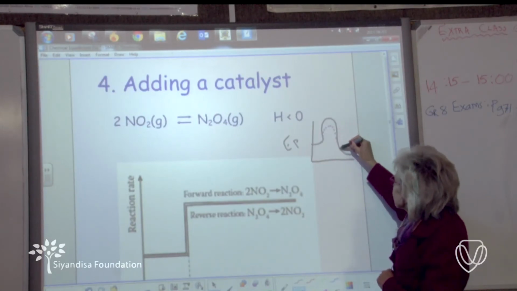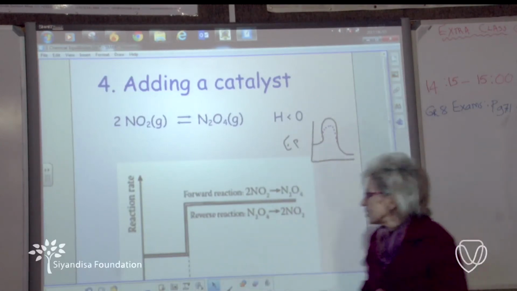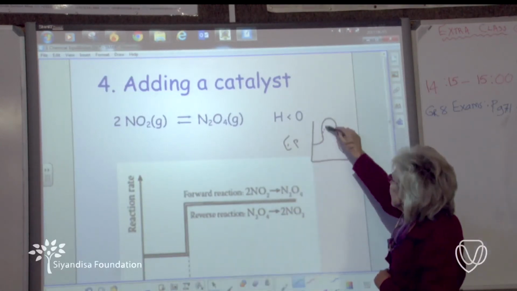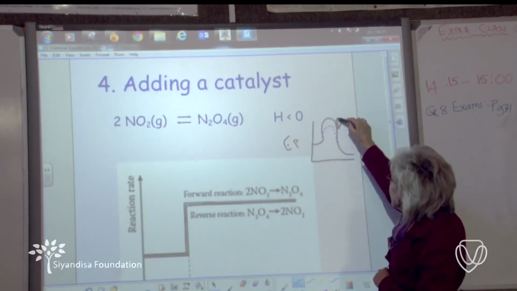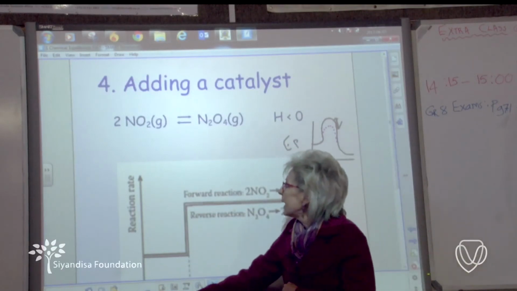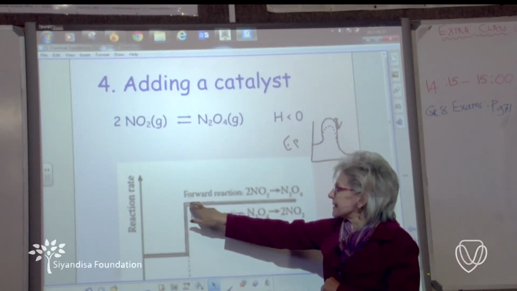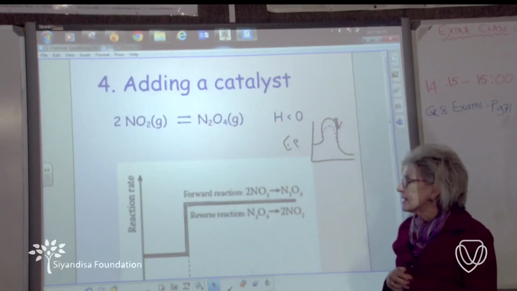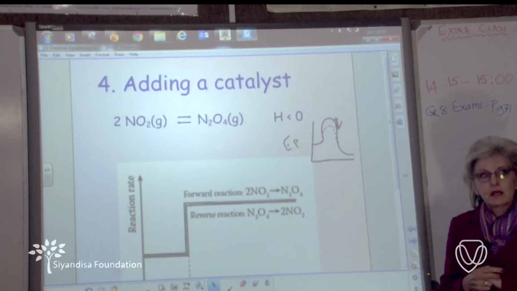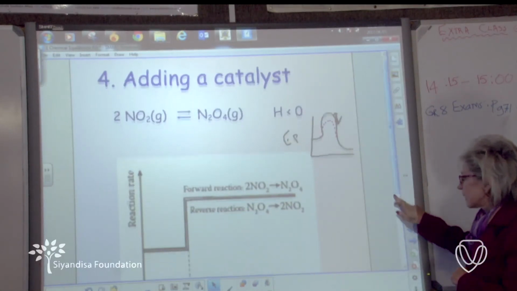So a catalyst lowers the amount of activation energy, and it affects the forward reaction and the reverse reaction by the same amount. And that is why adding a catalyst speeds up both reactions in exactly the same way, and they then proceed at a higher rate, so it doesn't affect one reaction more than another one.